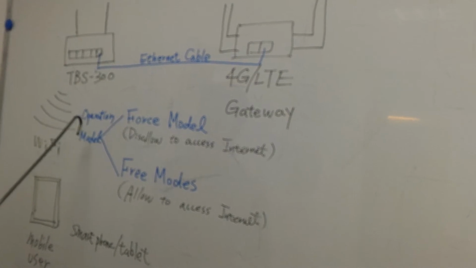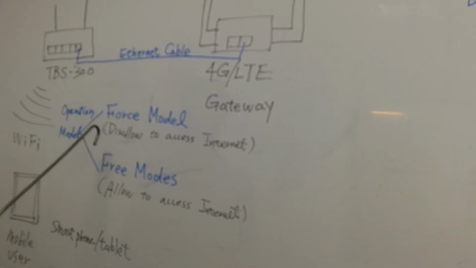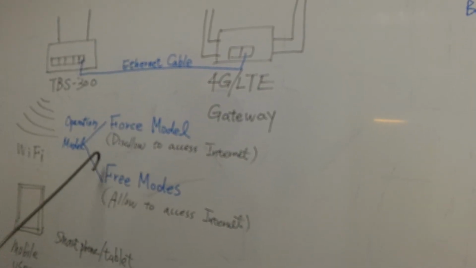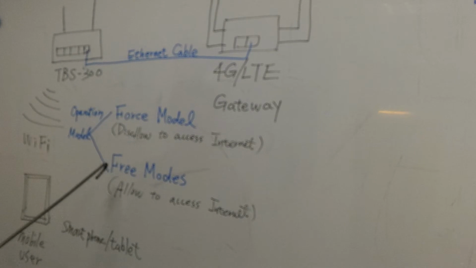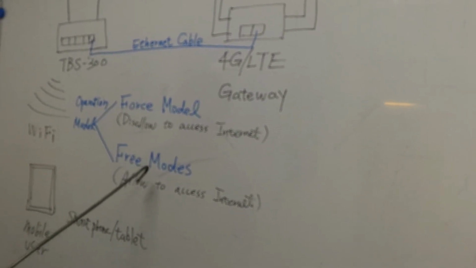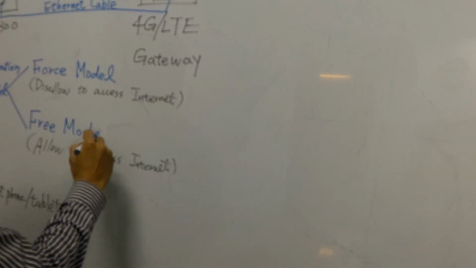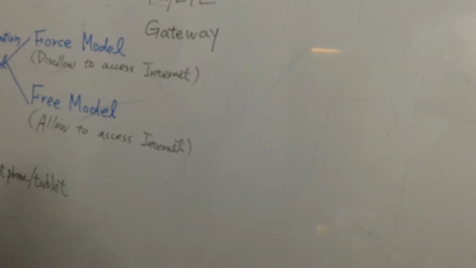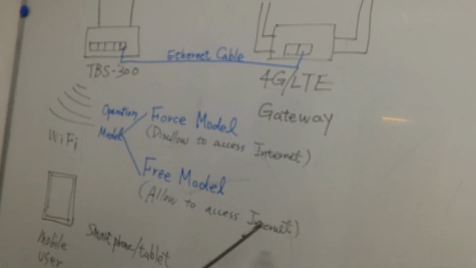And in operation model, it provides two models. One is force model, which means disallow access to the internet. The other is free model, which means allow the user to access the internet.